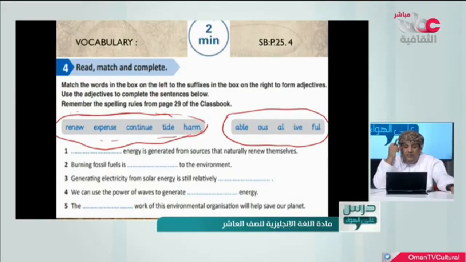For example, some words end with the letter e, for example, expense. So we should omit the letter e and add -ive, as you know. Okay, I want you to read the sentences and complete them with the correct adjectives. I will give you 2 minutes.